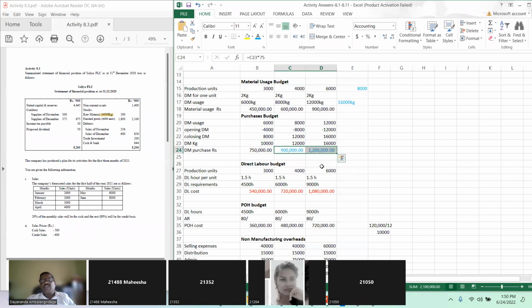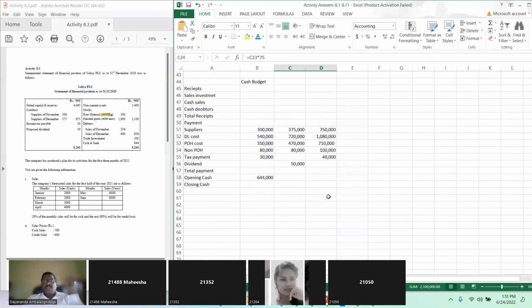These two figures should come to the balance sheet as creditors because we are making the payment 2 months after. When we prepare the balance sheet, financial position as at 31st March, these two figures should come. I think the payment side is over.